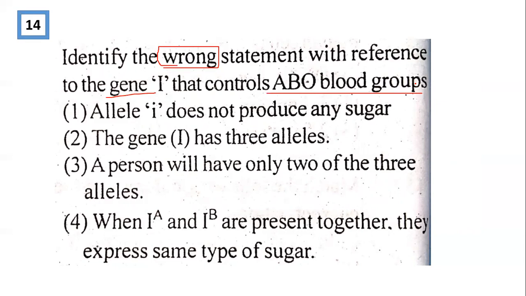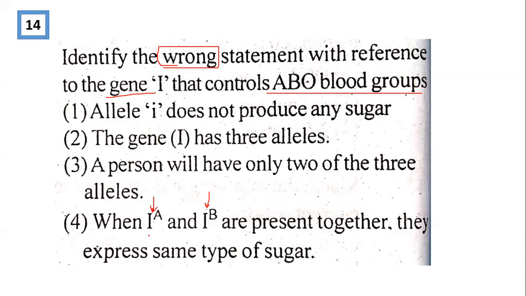Next one, the gene I has 3 alleles. A person will have only 2 of the 3 alleles. And option number 4, when IA and IB are expressed together, they express the same type of sugar. No, right? They express the sugar from A as well as B.